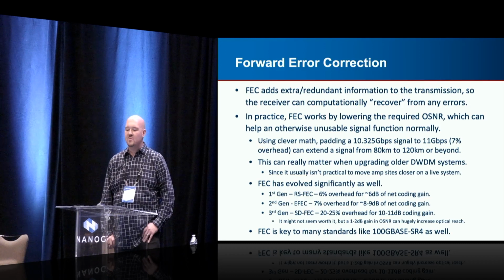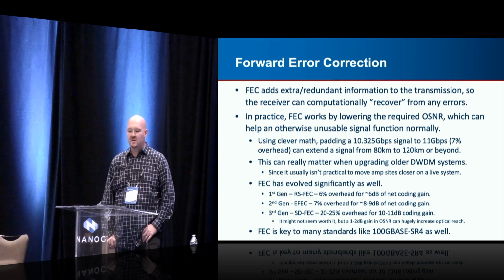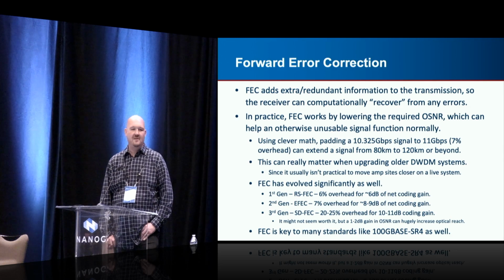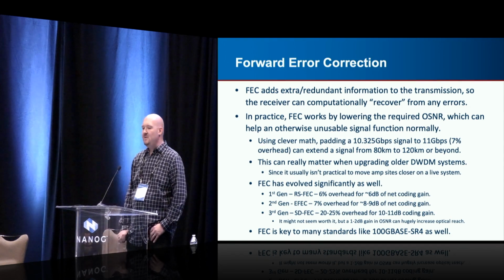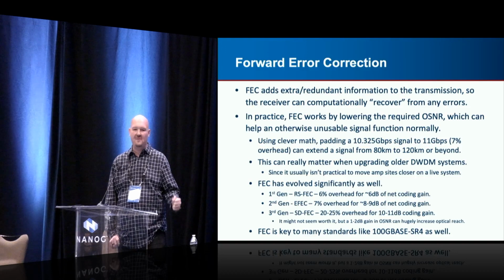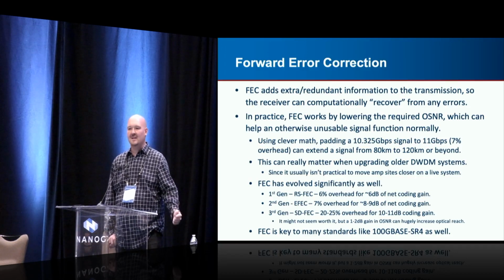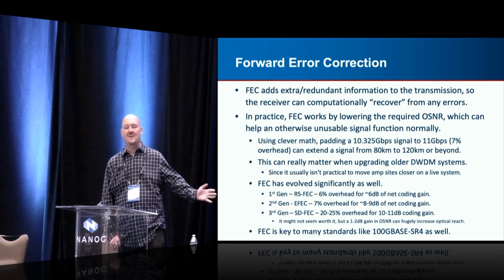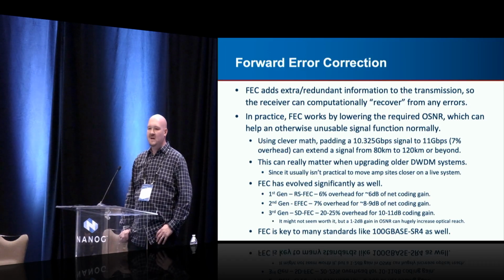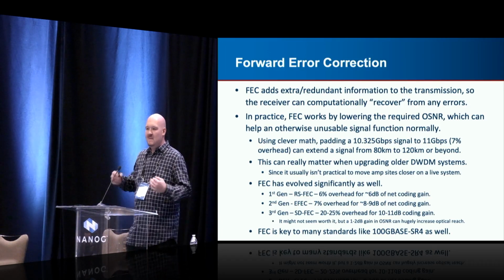This really matters when you're working with legacy DWDM systems because it's generally not practical to go out and move the amp sites. If you could deploy a system where we could double our capacity and cut our cost in half if only I could move every one of my huts so that they were 70 kilometers apart instead of 80, it doesn't work that way. You've got to work with what you have. So FEC ends up being really critical in making that possible.